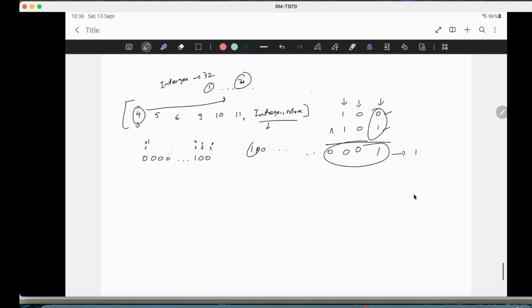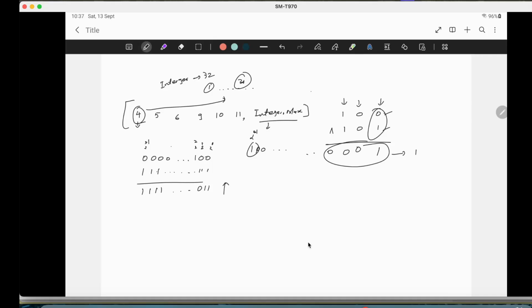So whenever we perform XOR operation between this Integer.MAX and 4, here it could be 1 1 like this, all the way to 1 1 1. At this point, the answer is going to be typically maximum. That is something we can notice.